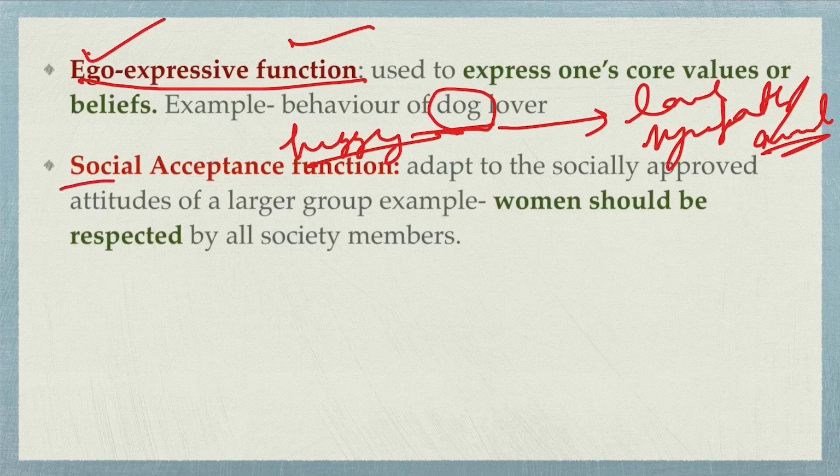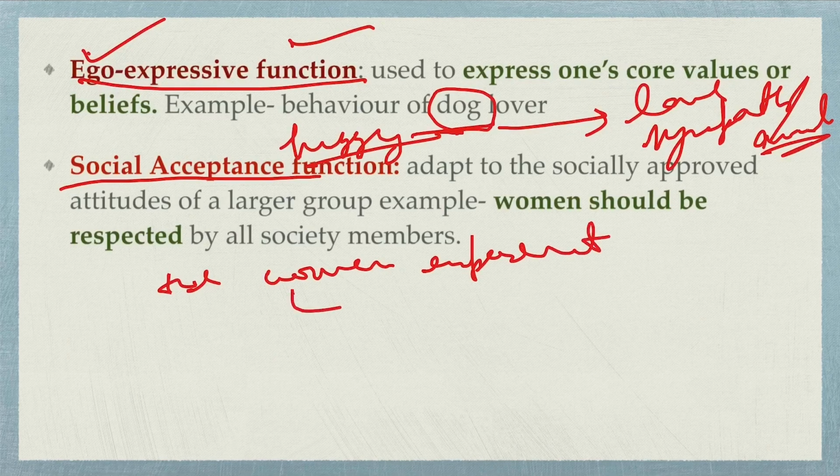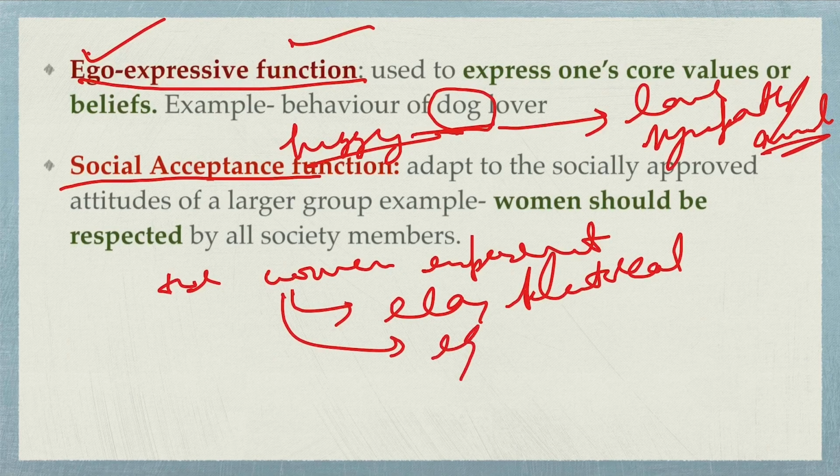Now social acceptance function. If you have a positive attitude towards women empowerment, you want that they should go outside, they should participate in economic, political, every sphere, and they should be given equal opportunity as given to men, then you will be respected in society.